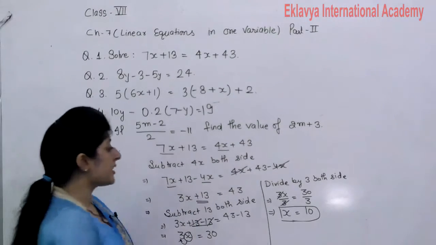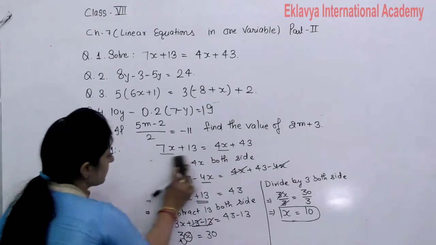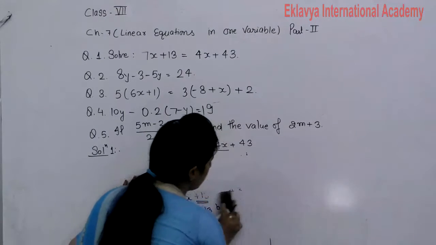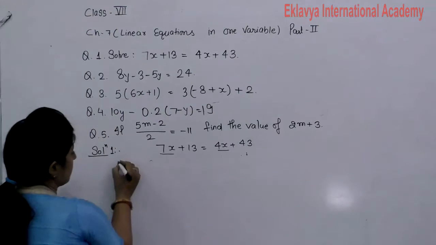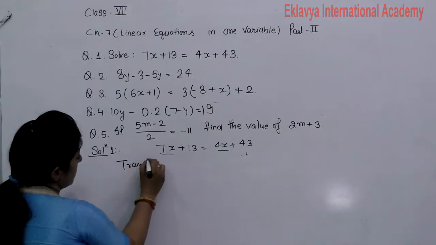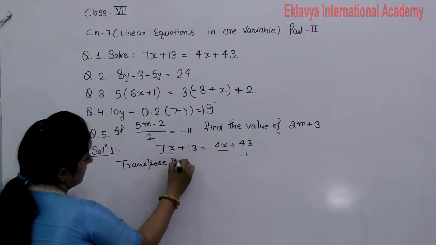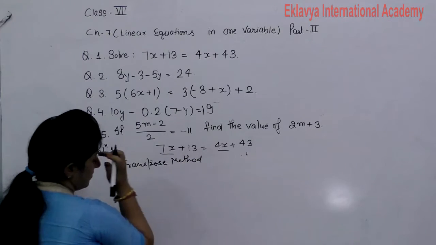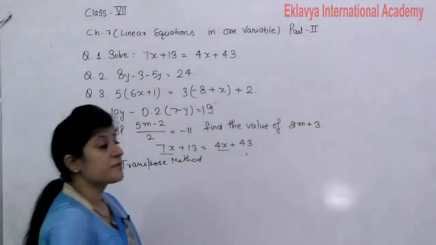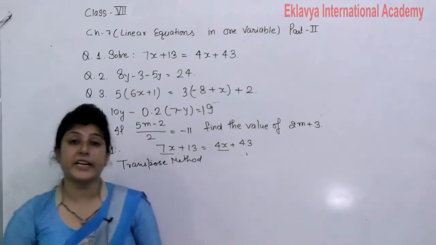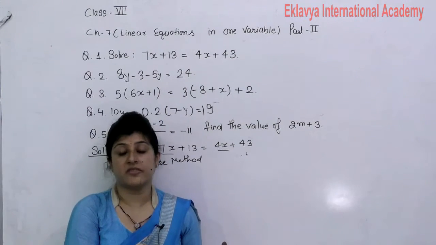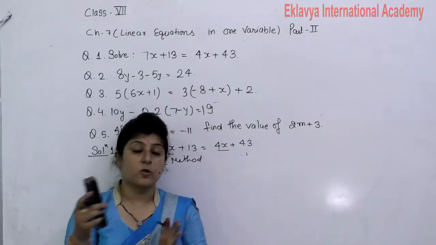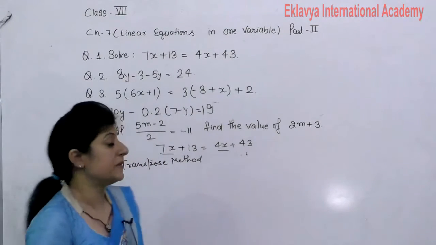In the transposing method, see how to solve this equation. In the transpose method, we will try to take the same variable terms on one side and constant terms on another side.